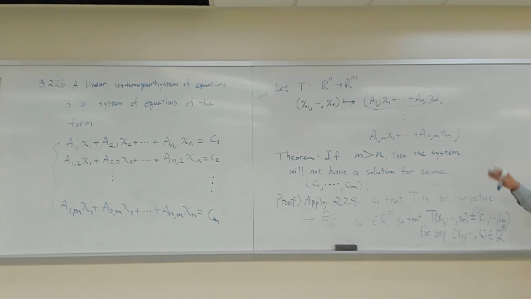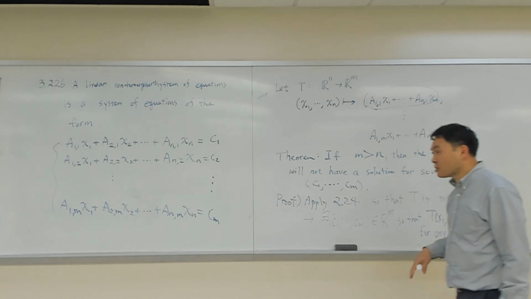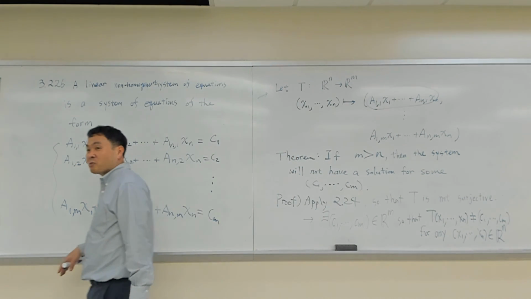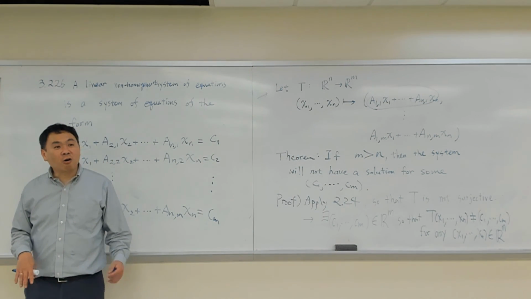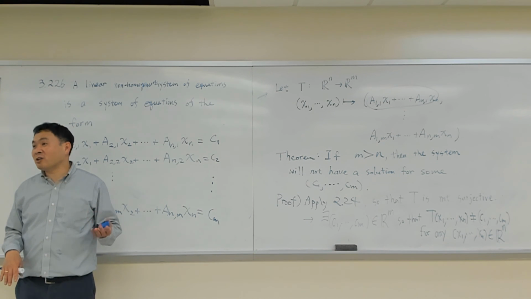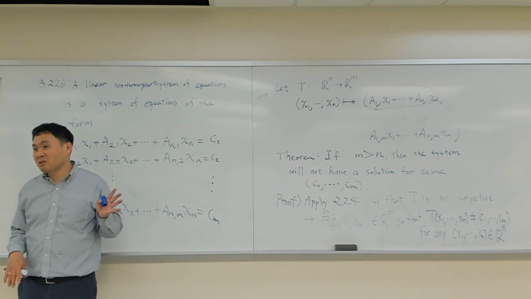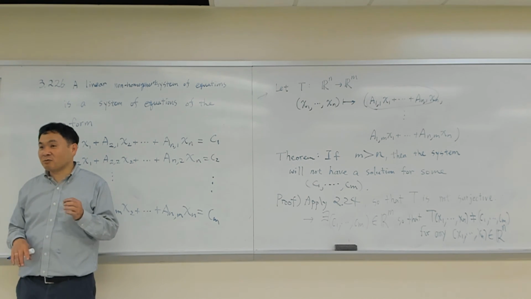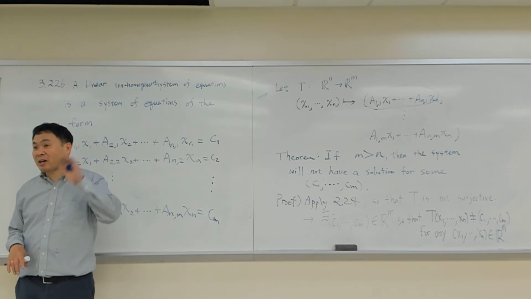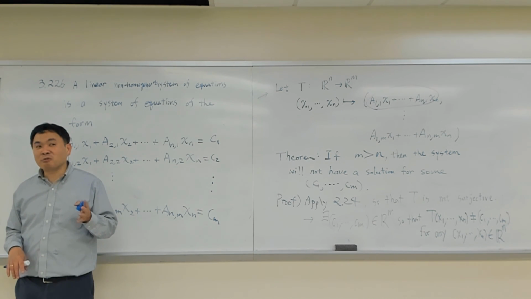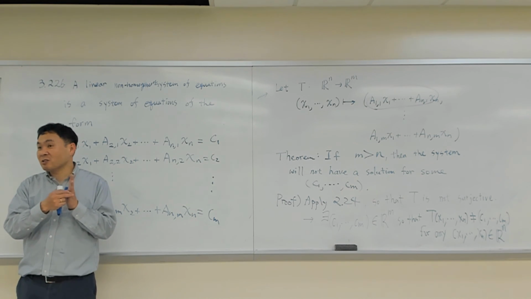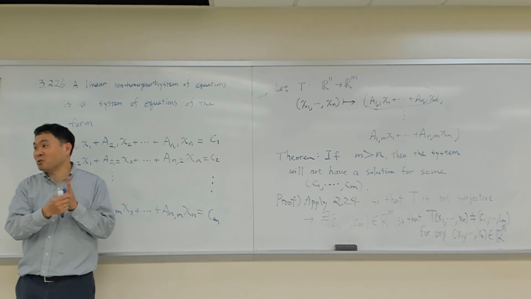Okay, and these are something that you've heard about before, even in algebra class. You're told that if you have too many equations, say 3 variables and 4 equations, it might turn out that you don't have any solution at all, especially if these equations are incompatible. Sometimes you might have three unknowns and 4 equations, but that 4th equation is just a linear combination of the other 3, so it's not a new equation.